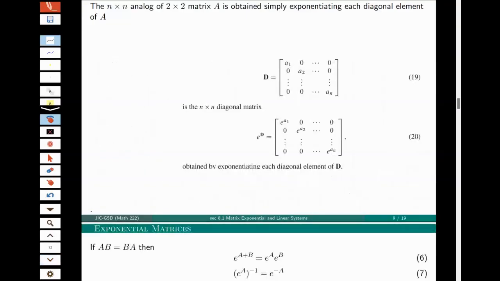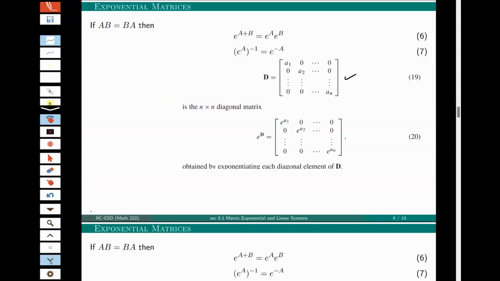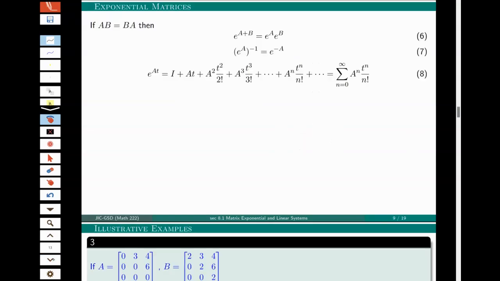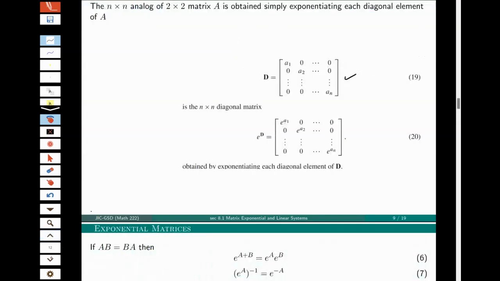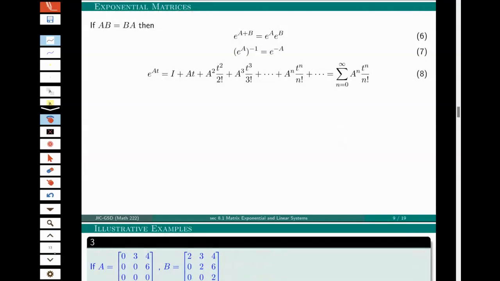Now, for a diagonal matrix, we define the diagonal matrix in terms of the eigenvalues. So e to the power d will be just e to the power of the first eigenvalue, and e to the power of the n-th eigenvalue. Now we will use our idea: e to the power a plus b is e to the power a times e to the power b, if we have ab equal to ba.